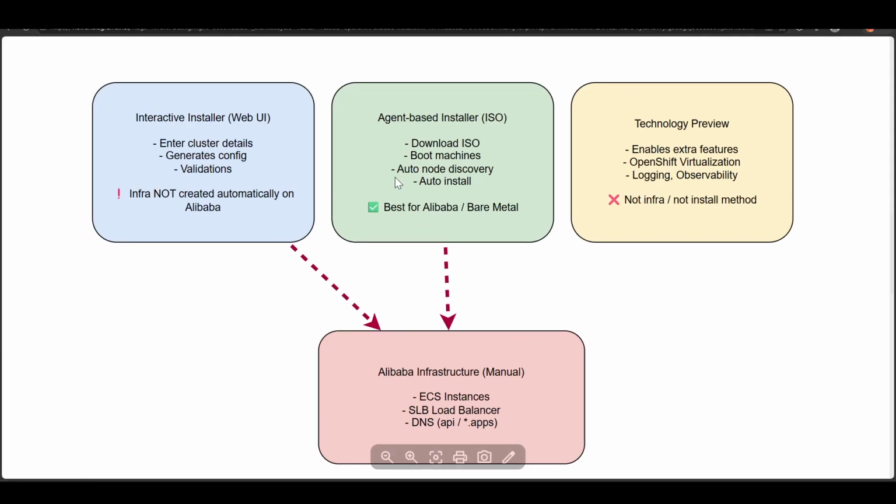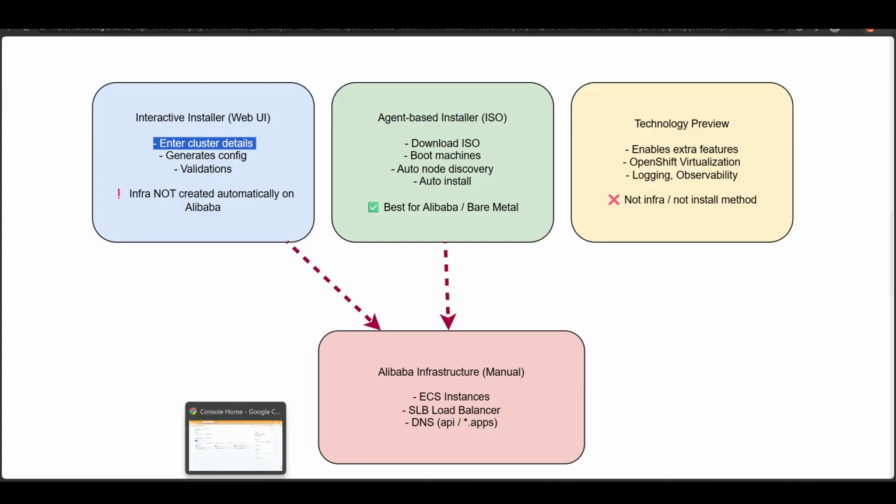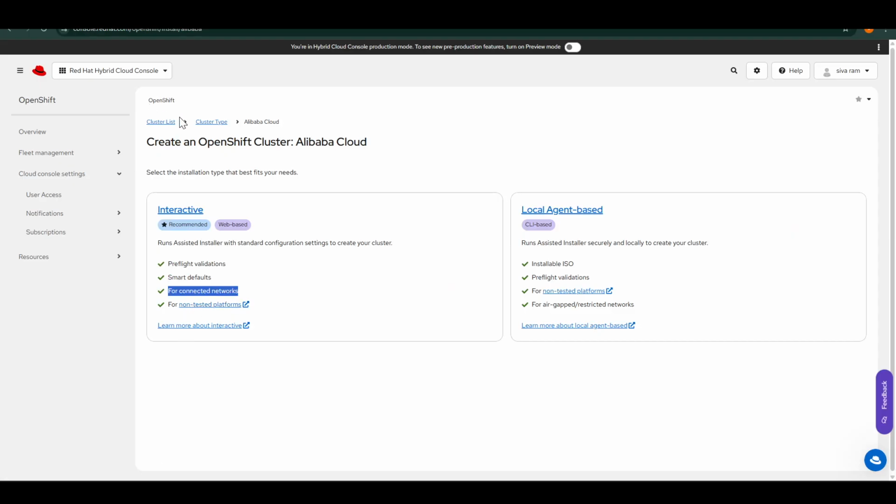Now let's go over to the installation, so the architecture over here. You have basically two different types of installation, what we discussed. So in the interactive web UI, the control of this particular cluster will be done from this console itself, from your Red Hat console, because that cluster will become part of your Red Hat.